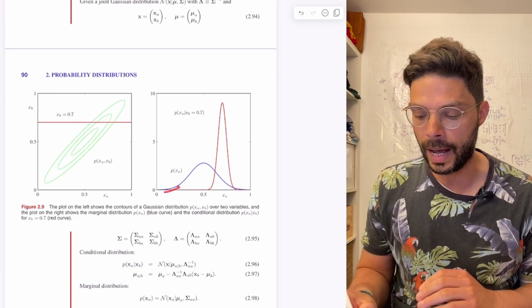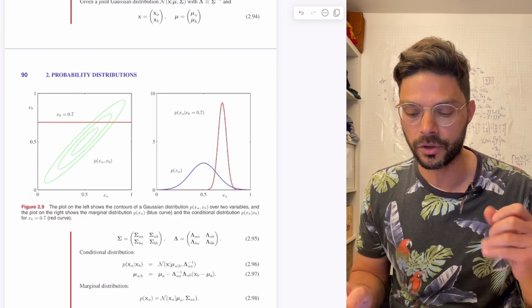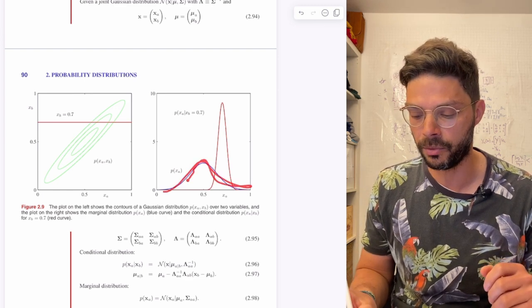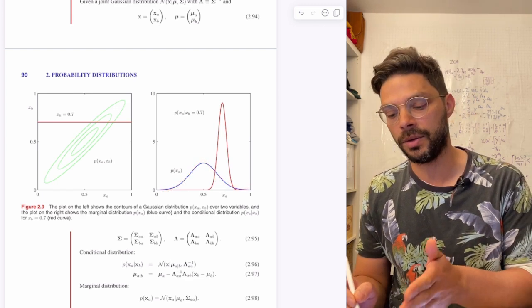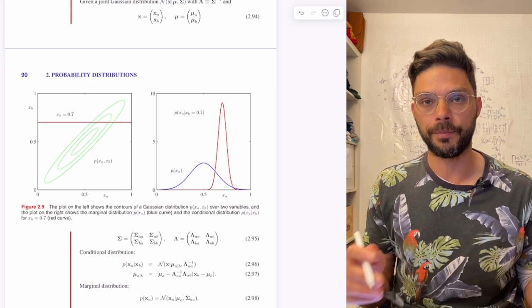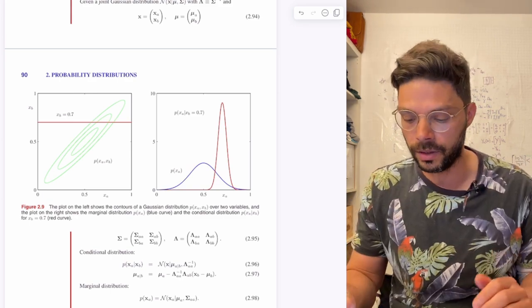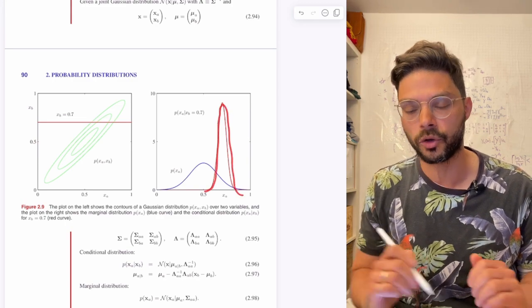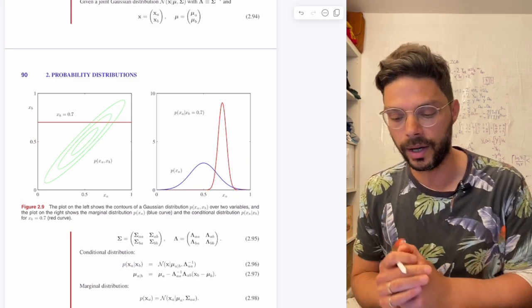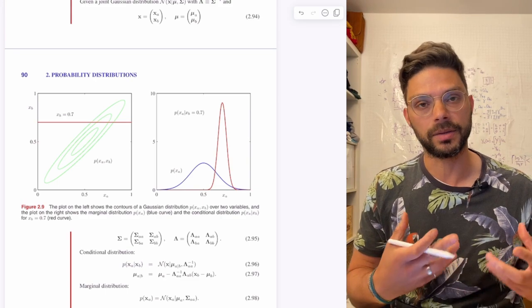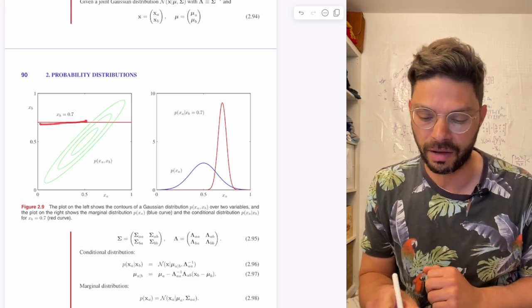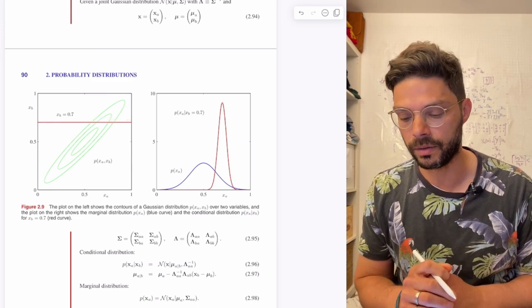Your prior knowledge on x of a says it has a mean around 0.5. But now that I've given you that x of b is 0.7, the positive correlation between them gives you a posterior distribution on x of a that's shifted to the right because of this observation of x of b being equal to 0.7.